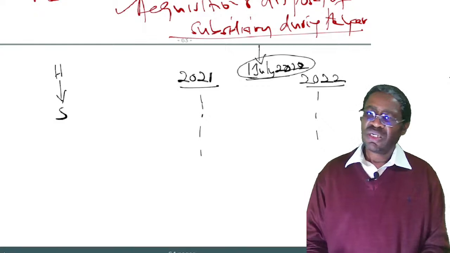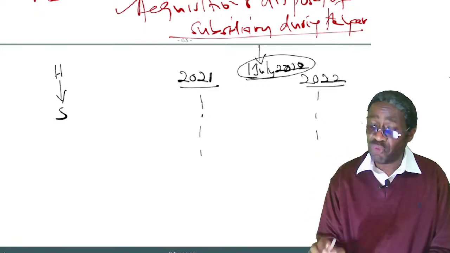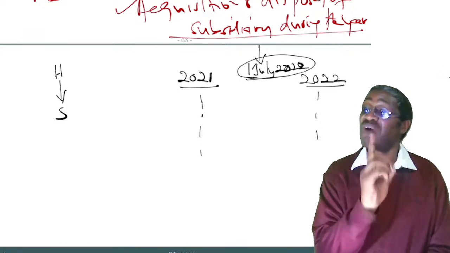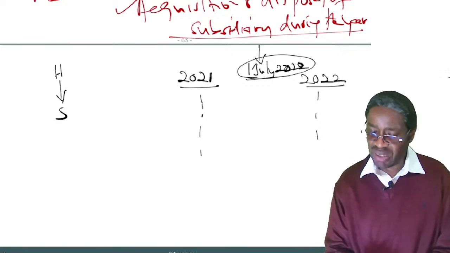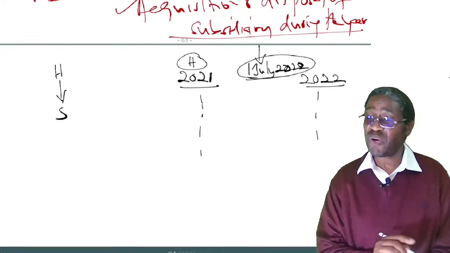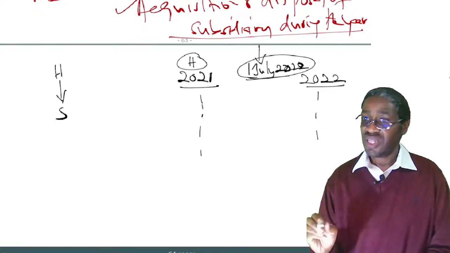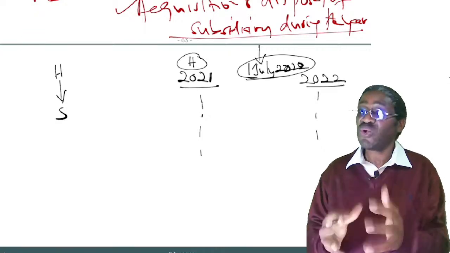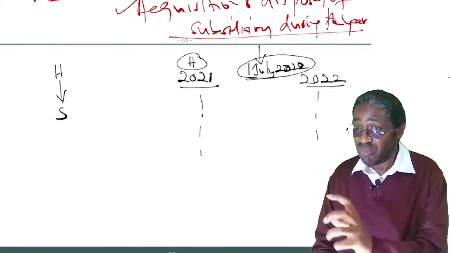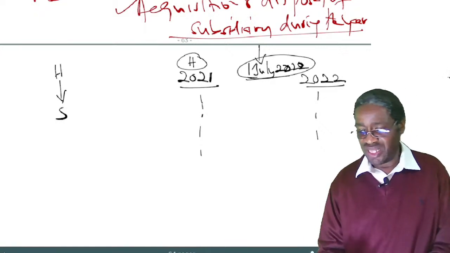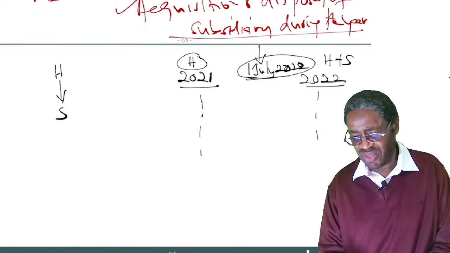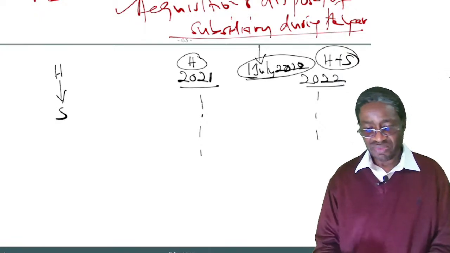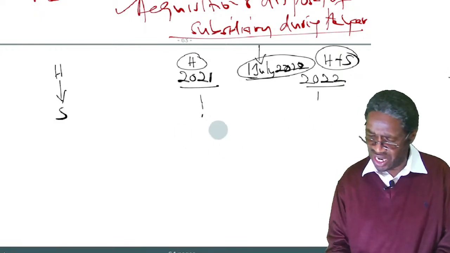It means that the balance sheet the examiner will give you for last year, 2021, that year we did not have a subsidiary. So that balance sheet must be for the holding company only. Then we acquired a subsidiary on 1st July 2022. So by December, when we were consolidating, the balance sheet I'm given by the end of the year is the one that includes the holding and subsidiary. Good.